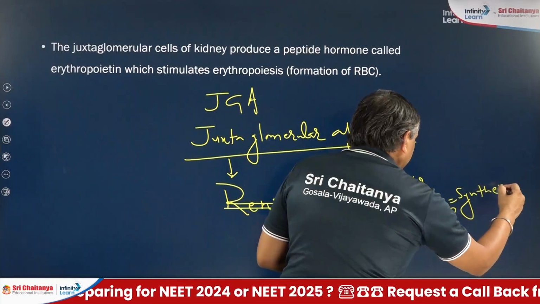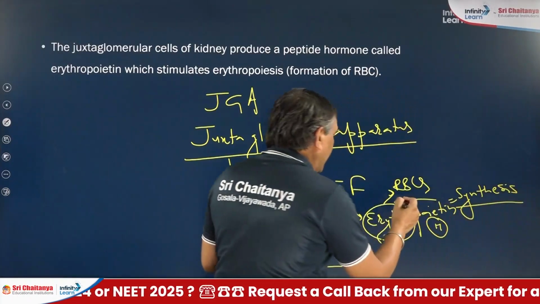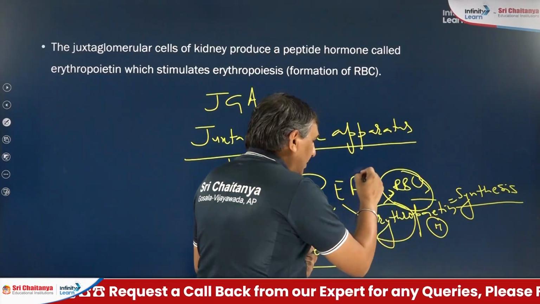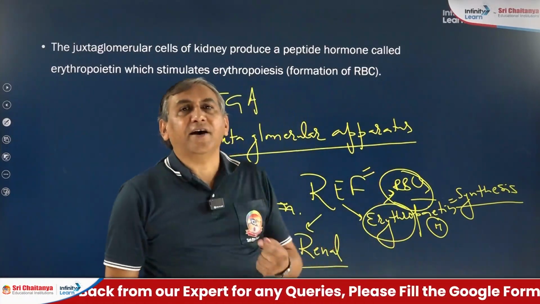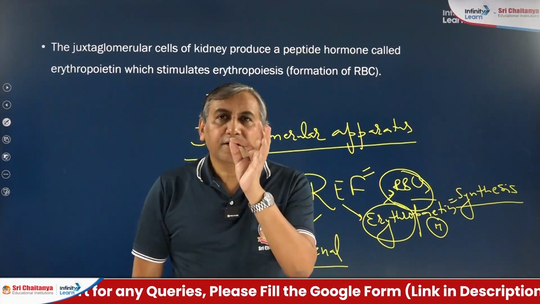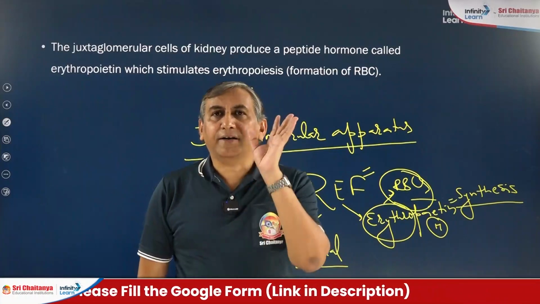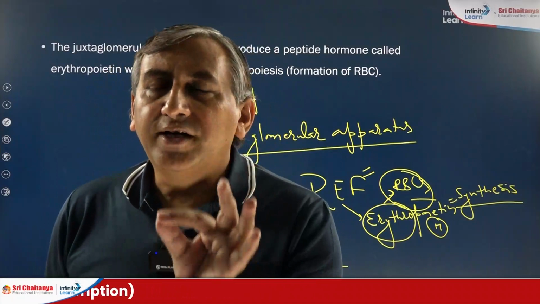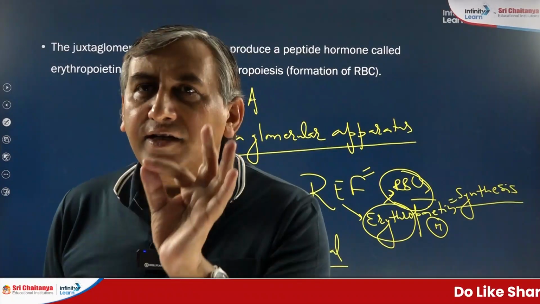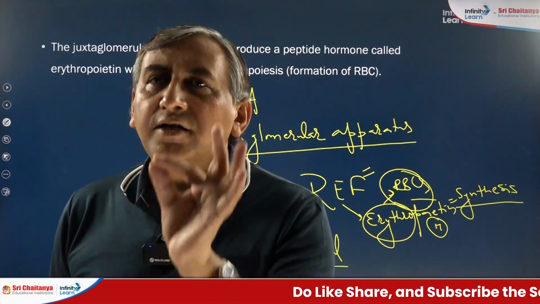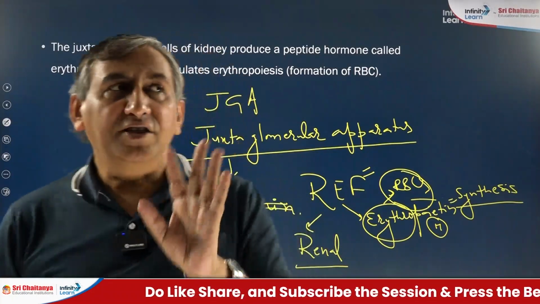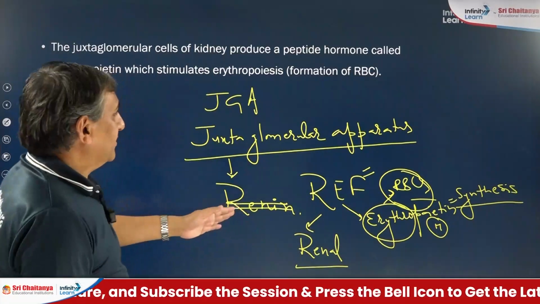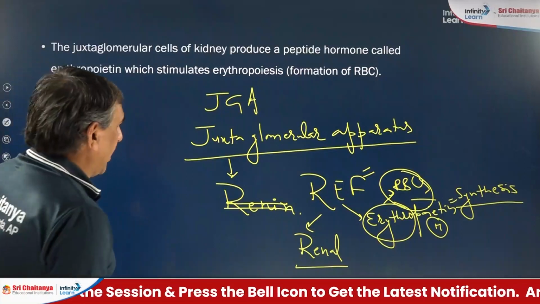This hormone is related with the synthesis of RBCs. That is why it is known as REF, renal erythropoietin factor. It is secreted from the JG apparatus and is responsible for the synthesis of RBCs.